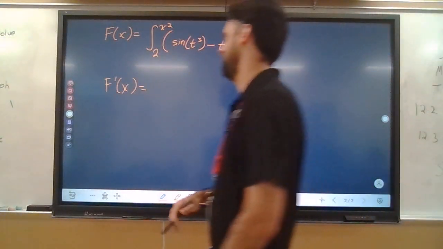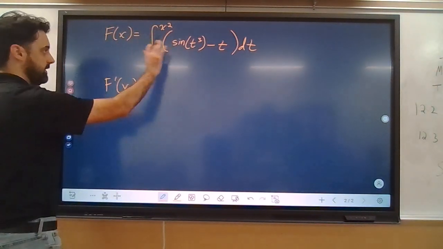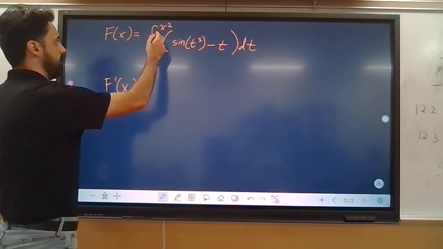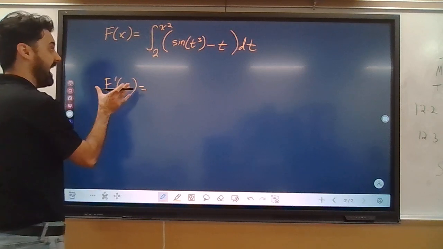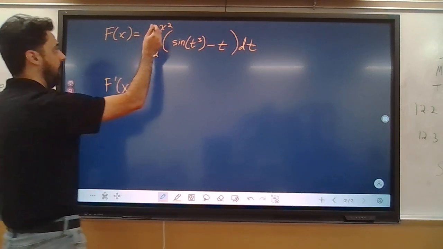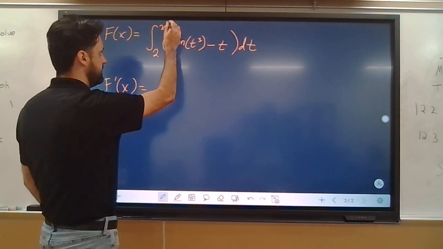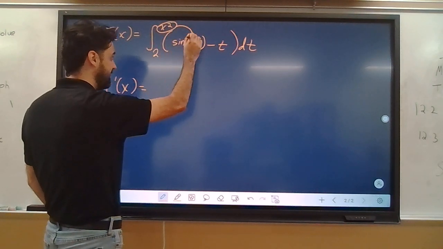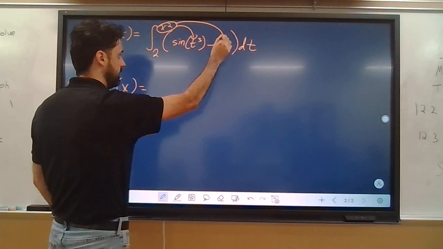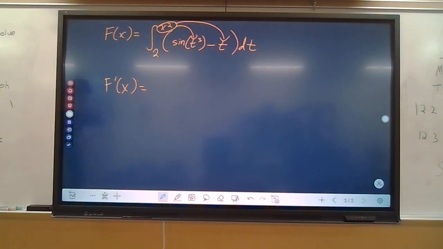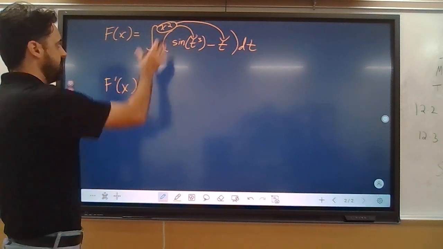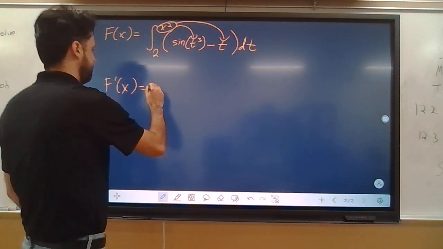All right, another example here is that if capital F of x is equal to this, so now the upper bound is x squared. Again, if we have to take a derivative, I'm not going to take a derivative of anything in here. I'm just going to take x squared. I'm going to plug it in for both t's right here. So again, take x squared, plug it in for both t's.